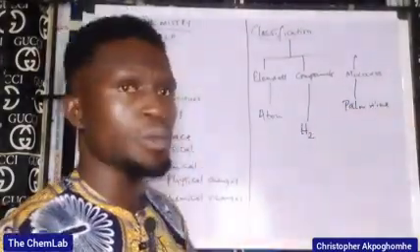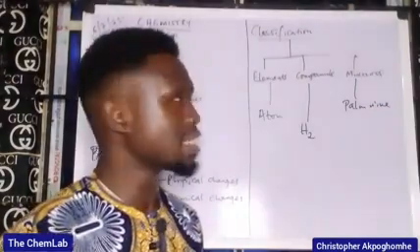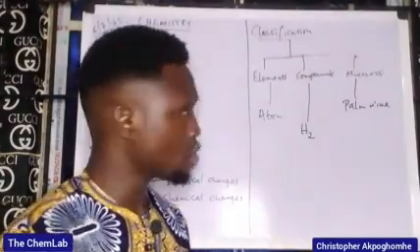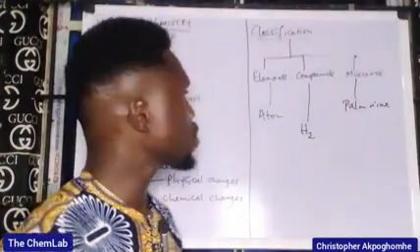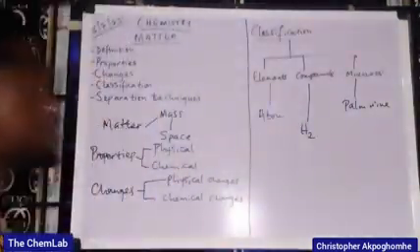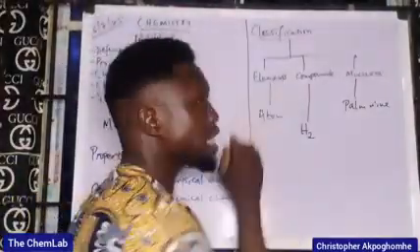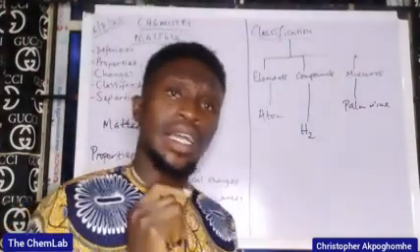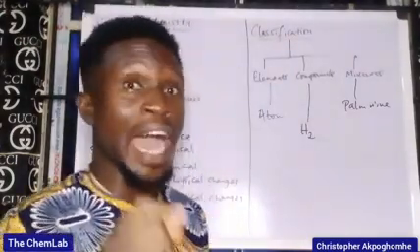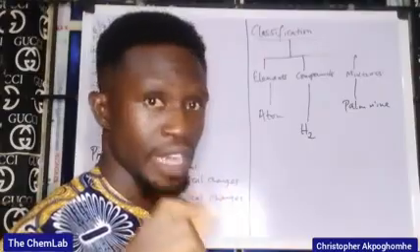So, an example of a mixture is your palm wine. Your palm wine is made up of organic compounds and other various components. So, that's that for element, compound, and mixtures. Now, cast your mind back. We said that elements cannot be split into simpler units by an ordinary chemical reaction.